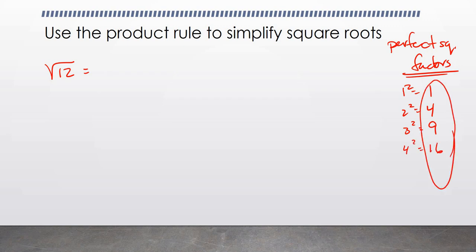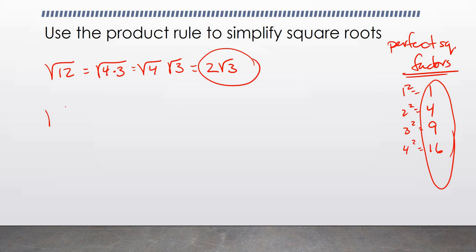So I'm looking for these kinds of numbers as factors of 12. 6 times 2, neither of those are perfect squares, but 4 times 3, okay? Then I can use my product rule and break this into 2 radicals. And I know that the square root of 4 is 2, so 2 root 3 is my simplified square root.